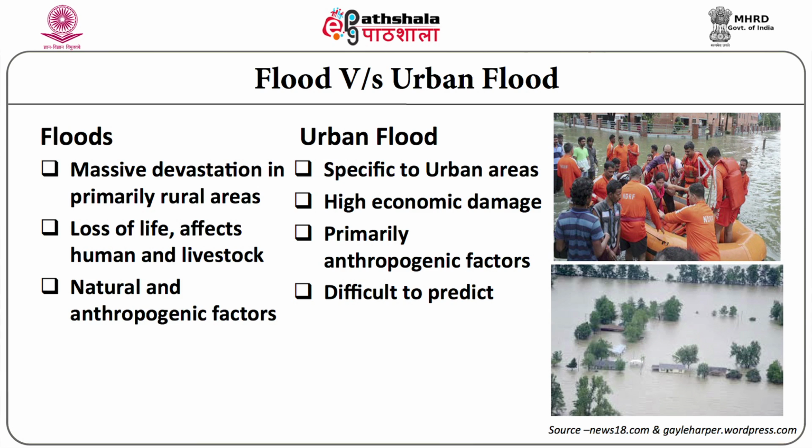Mostly the flooding events in urban areas are of short duration, lasting from few hours to several days. Due to the significant role played by man-made factors associated in urban flooding, they are difficult to predict.